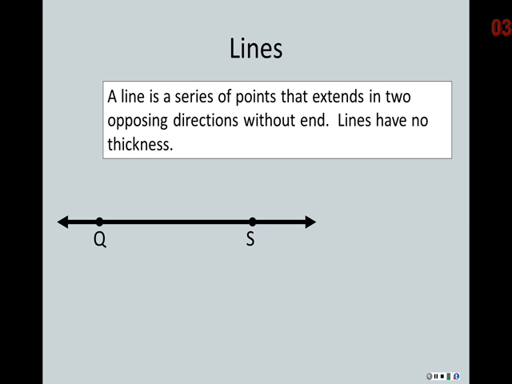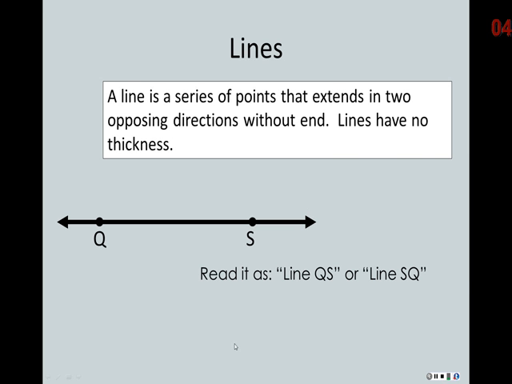Now, a line is a series of points that extend in 2 opposing directions without end. So notice that this end has an arrow, meaning that it continues on, and this one has an arrow as well, that means it continues on. So this goes into infinity. But I can call this a particular line because I have a point Q on it and a point S. I can read this line 2 different ways.